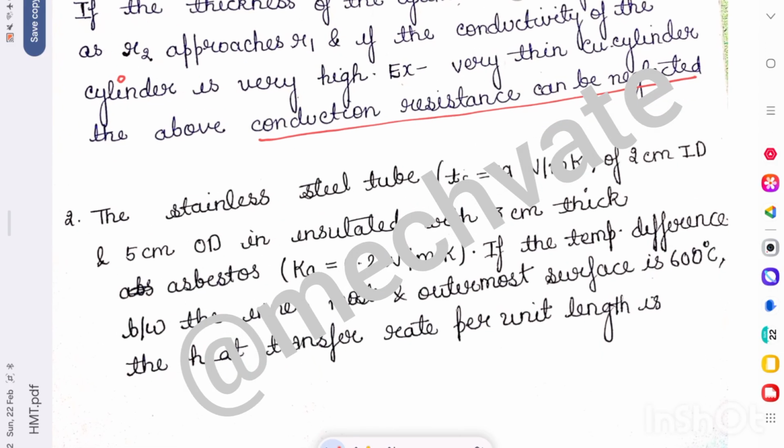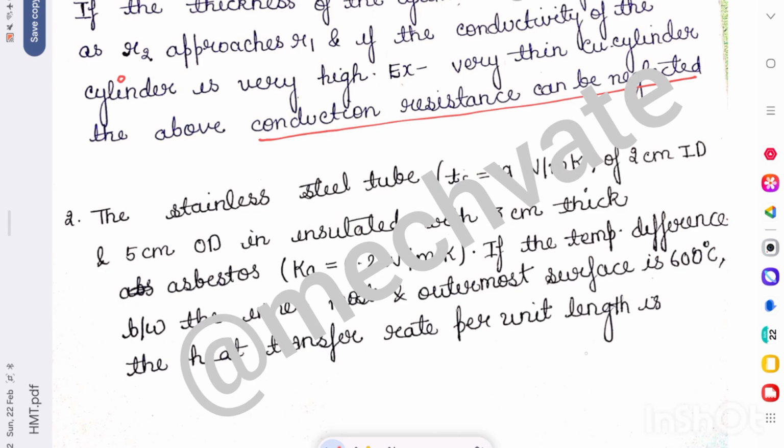Suppose let's solve a question. A stainless steel tube with K equal to 19 watt per meter Kelvin, of 2 centimeter inner diameter and 5 centimeter outer diameter, is insulated with 3 centimeter thick asbestos.